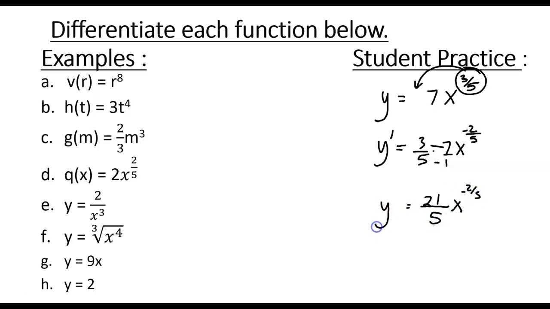Now, I want to share with you guys another pre-calculus fact about negative exponents. This is a review. This is something that you should have seen at some point in the past.